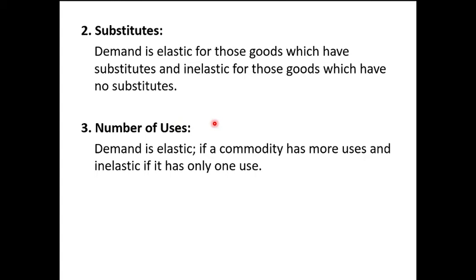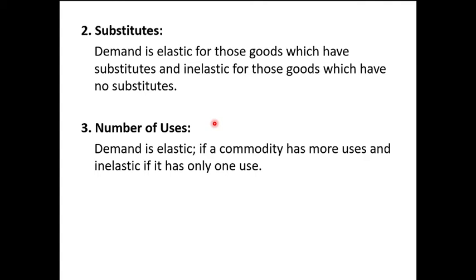Demand is elastic if the commodity is used for a number of purposes. The demand is elastic if the commodity is used for numerous or various purposes. Demand is totally inelastic if it is used for only one use.